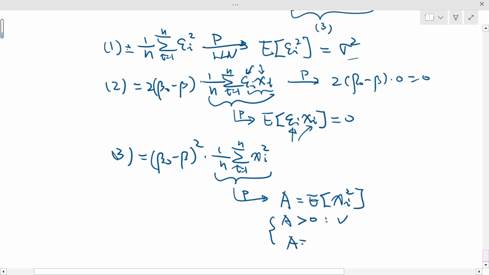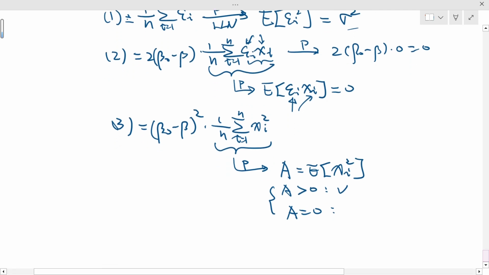If a is 0, then there's no variation in x. In my particular example I only have one explanatory variable x.